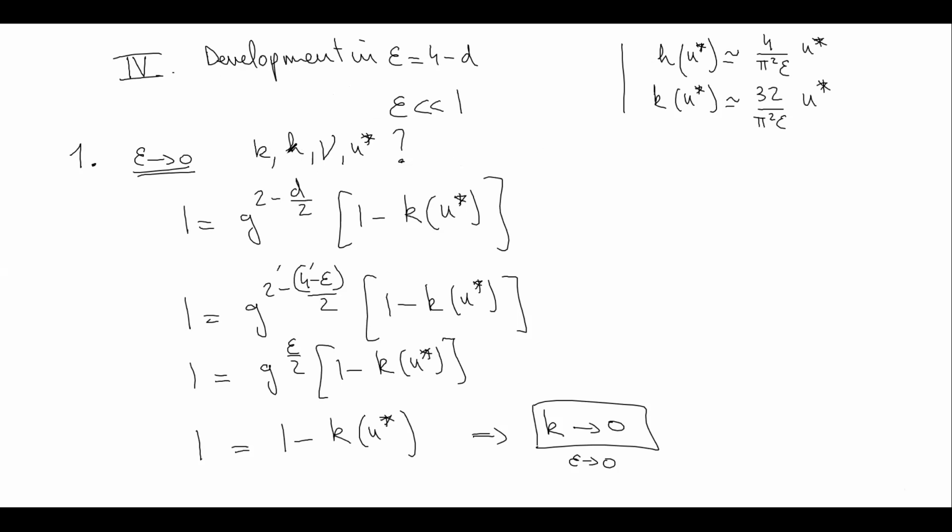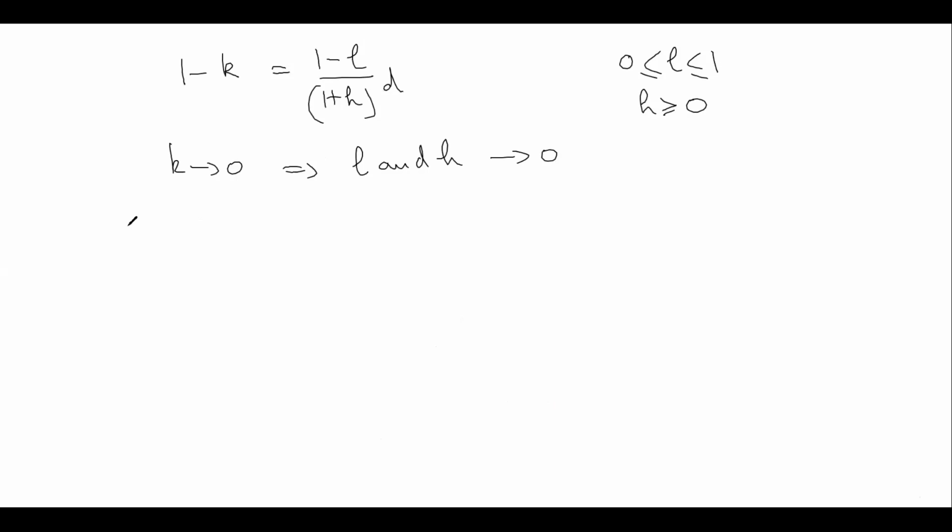And so what about U star and nu? What about nu? Remember the expression of nu. Nu is given by the log of mu divided by the log of G, we said. And mu is what? We know the expression of mu.